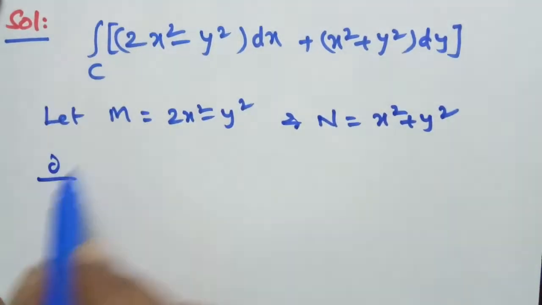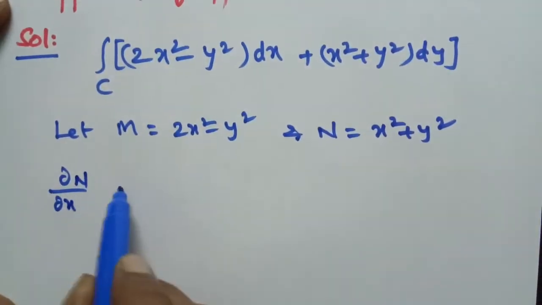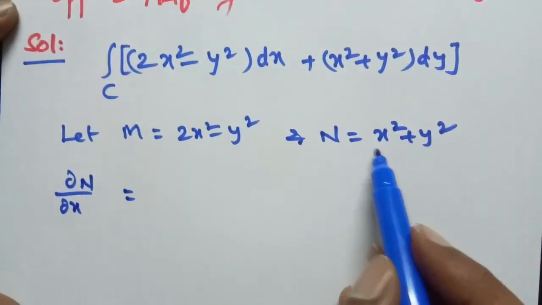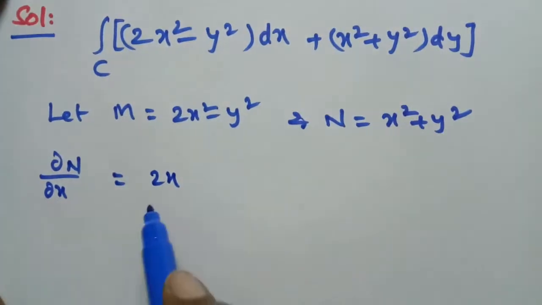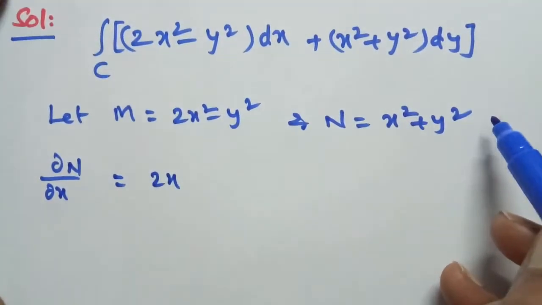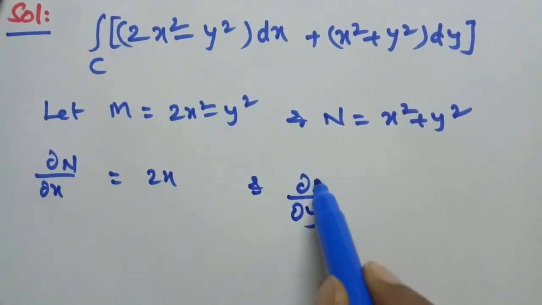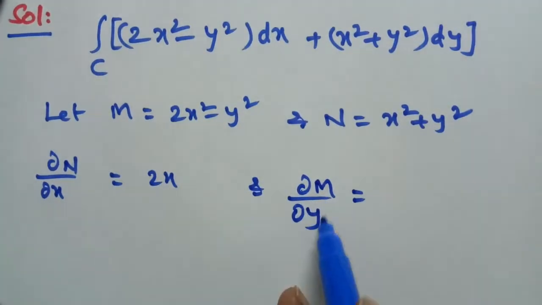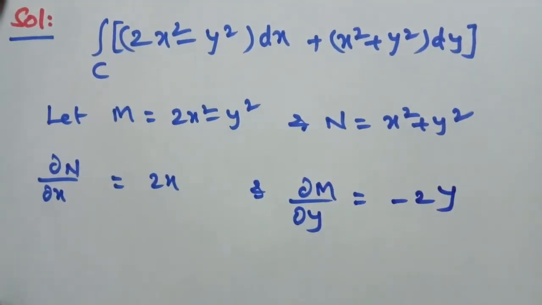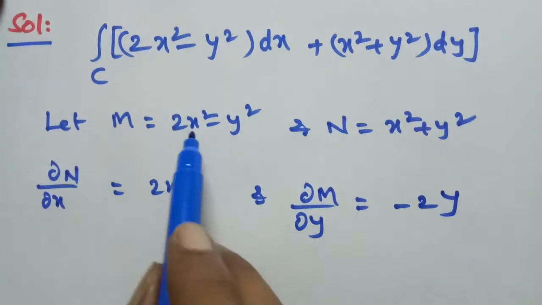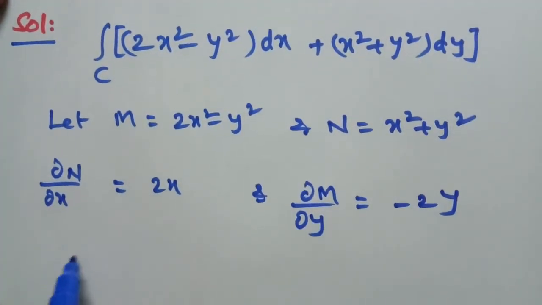Now dou by dou x of n, partial derivative of n with respect to x. X square derivative is 2x as y is constant, and dou by dou y of m. Here partial derivative with respect to y, so x is a constant, y square derivative is minus 2y, 2x square is constant, y square is variable, minus 2y.